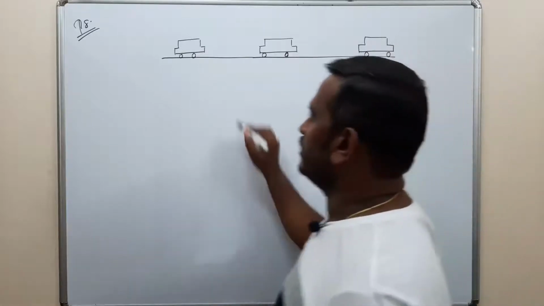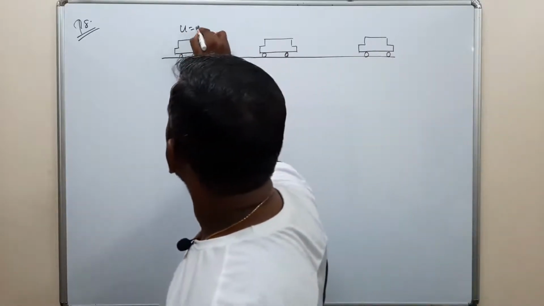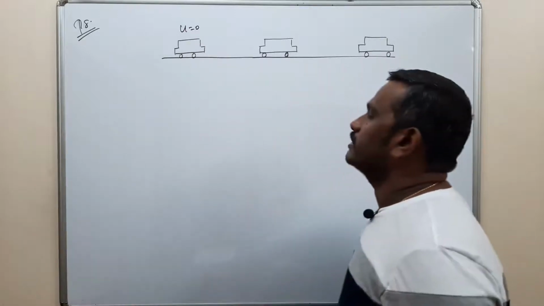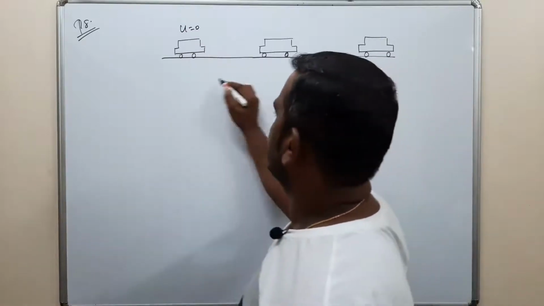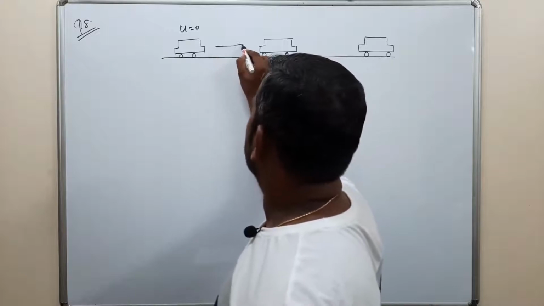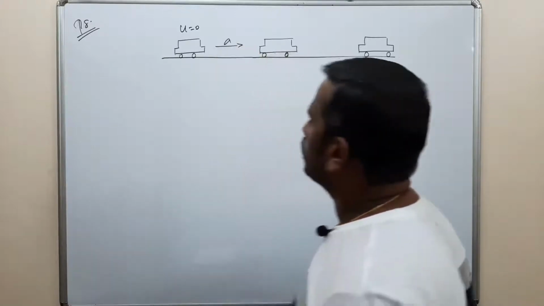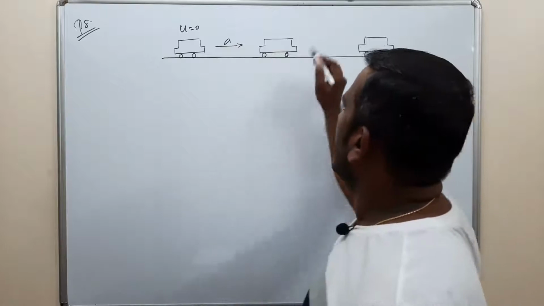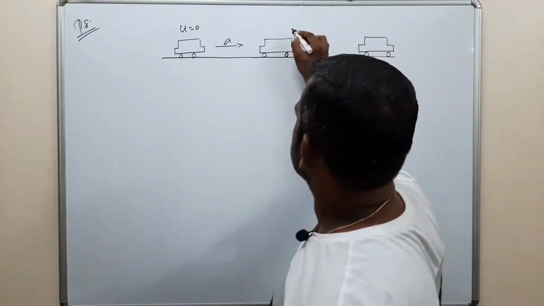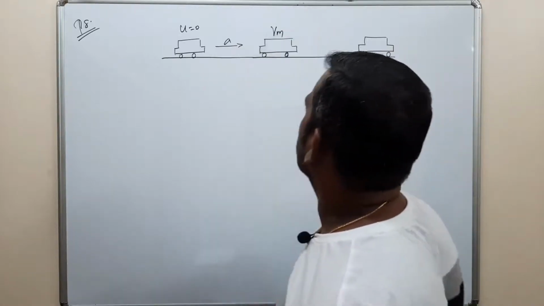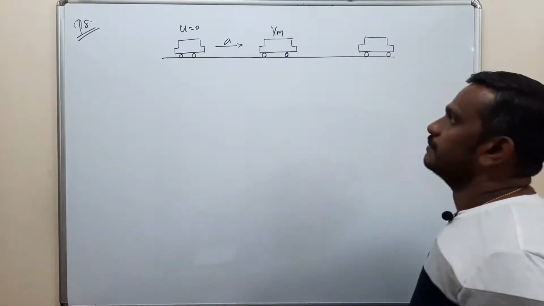A car which is at rest, that is u is equal to 0, accelerated with a constant acceleration a, and it reaches a maximum velocity Vm.